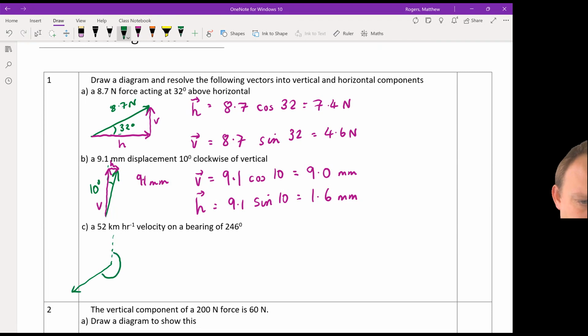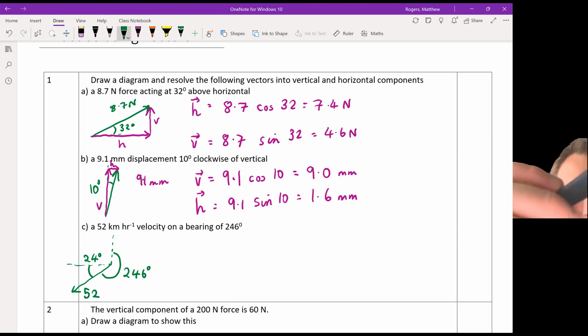So we could label the bearing as 246, or we could label something a bit more useful, which might be this angle in here, which is 270 minus 246. So that's 24, isn't it? Yeah. And the size of this is 52 kilometers per hour.